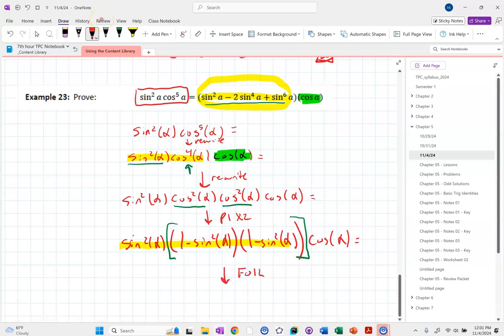So to multiply those guys out, I got to FOIL. 1 times 1 is 1. 1 times negative sine squared is negative sine squared. Negative sine squared times 1 is negative sine squared. And then negative sine squared times negative sine squared is positive sine to the 4th.